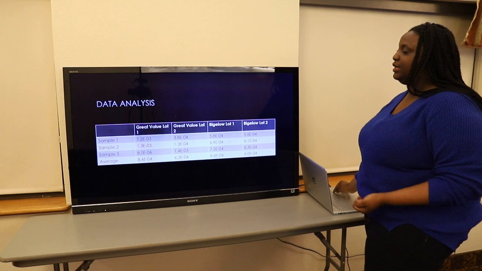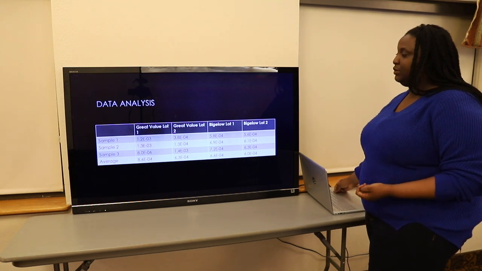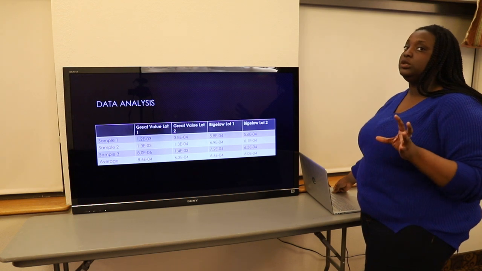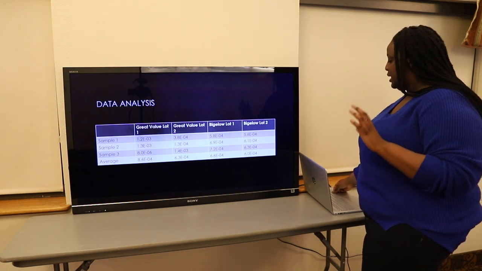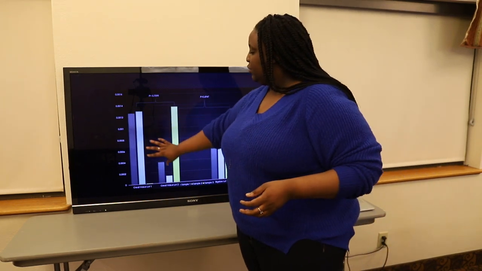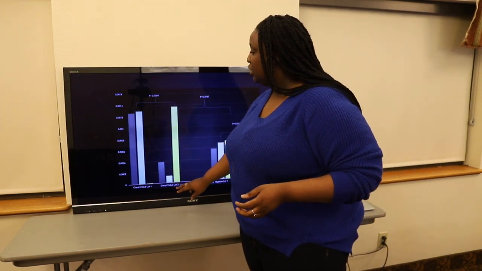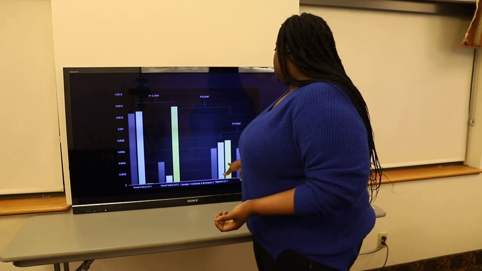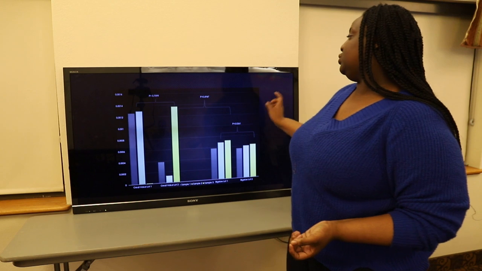But when we look at the p-values, we're able to make a determination on the comparison between the lots and the brands. Our p-values for the two Gray Valley tea lots was 0.7099, and for the Bigelow tea it was 0.0261.